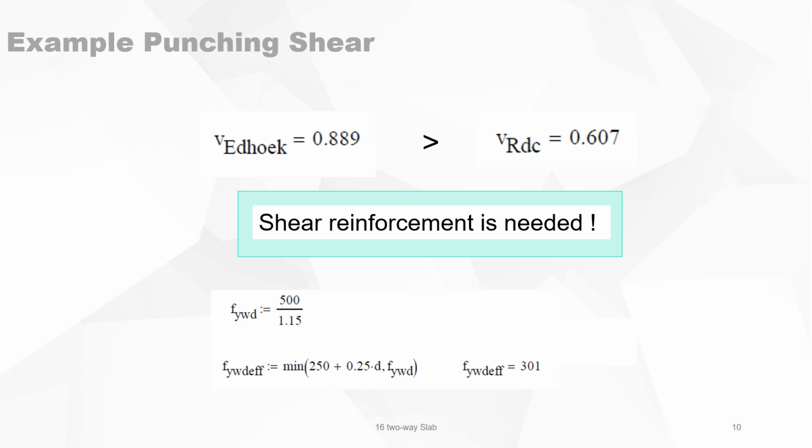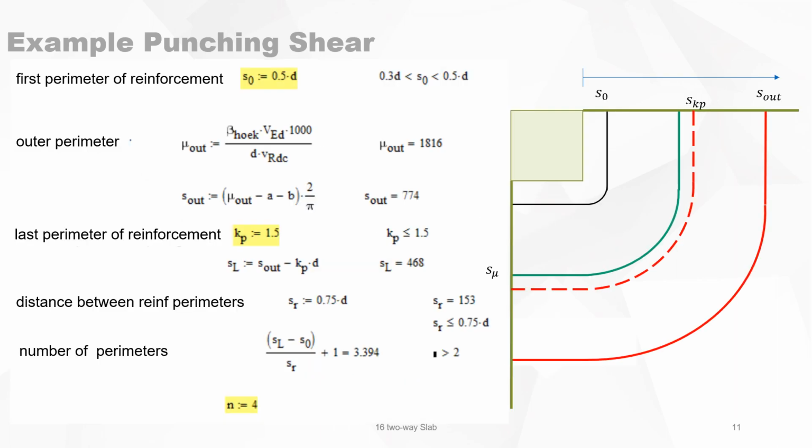The yield stress of the stirrups for shear has a maximum, and this maximum is 301 megapascal instead of 435. Now let's have a look at the corner column. The first reinforcement perimeter must be at a distance s0.